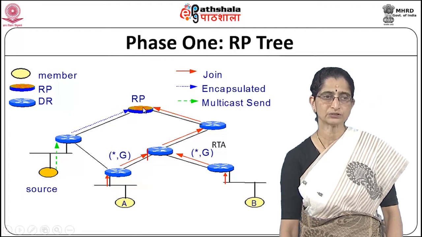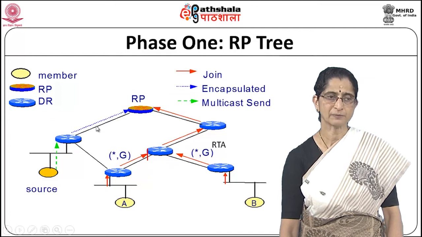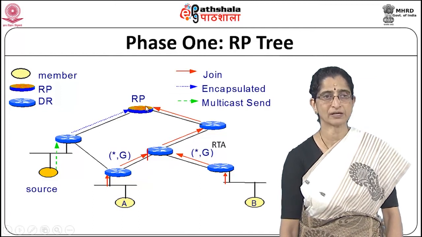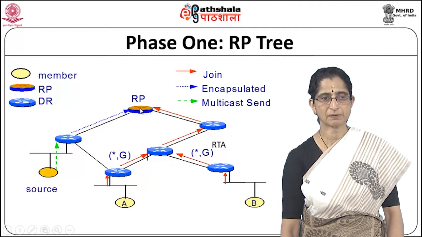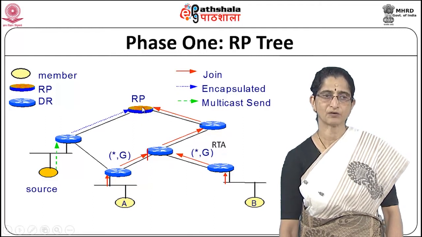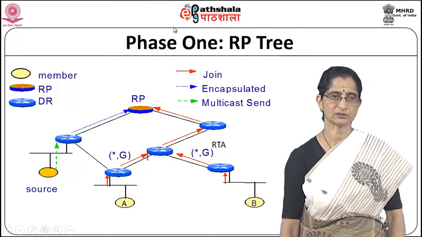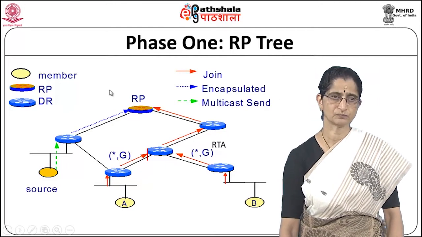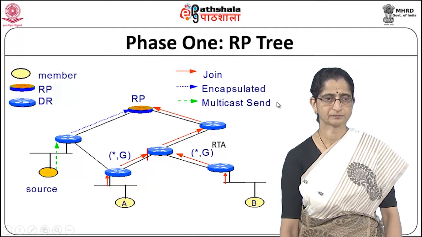In this example you have shown a direct link, but it may actually go through multiple routers here. So it will reach the RP as a unicast packet. Now the RP will take this unicast packet, open it up, and then send this multicast packet down this tree. So this is basically the first phase of the PIM protocol, which is the RP tree based forwarding of data.